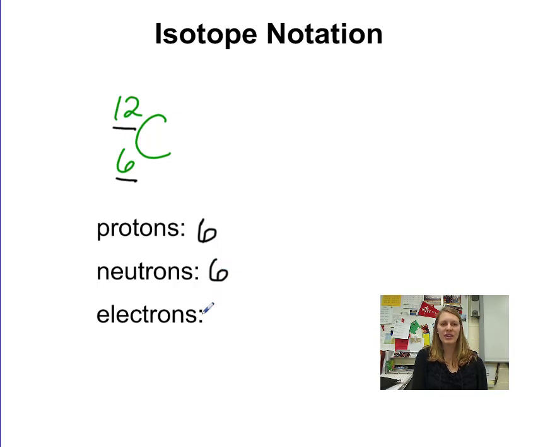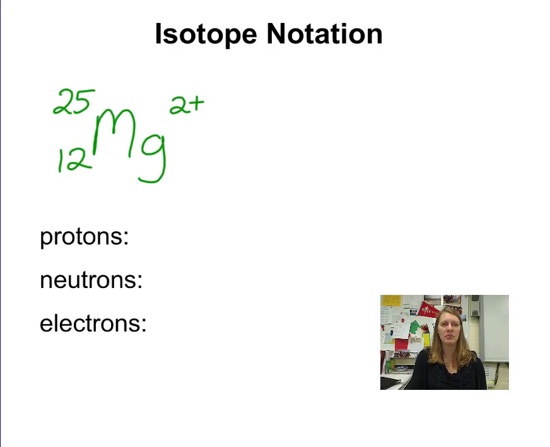And then to figure out the electrons, we consider if there is any overall charge. Since there's no overall net charge here, that is assumed a charge of 0. So that would mean that we have the same number of electrons as we do protons. If we look at our example with magnesium, go ahead and see if you can figure this out. Hopefully the answer you found is the same as what we have listed here.